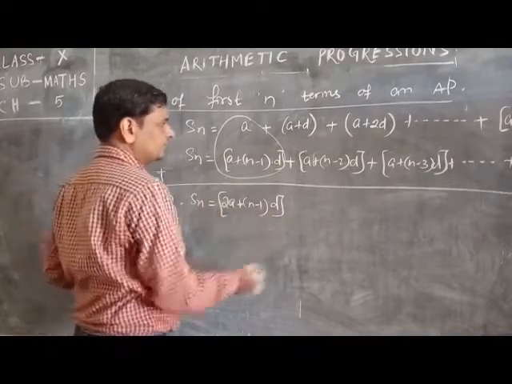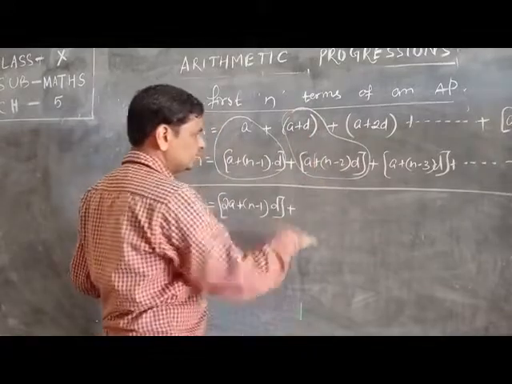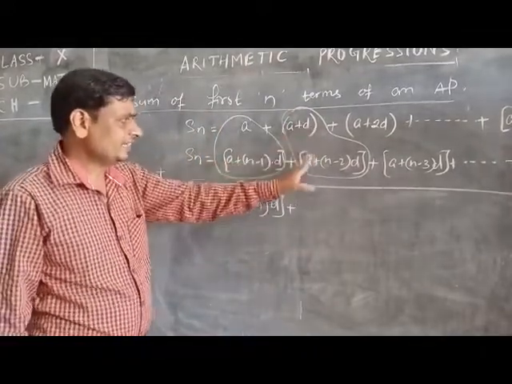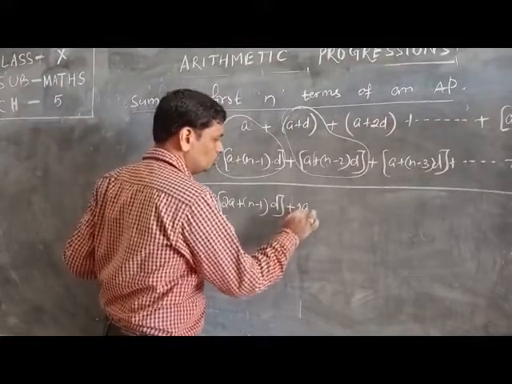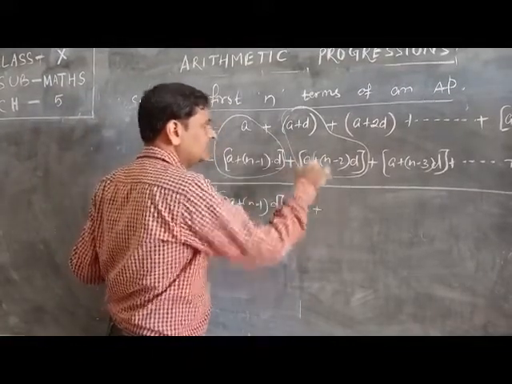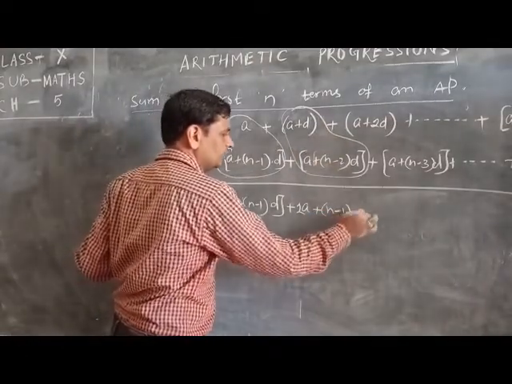Next, when we add these two terms, a plus d and a plus n minus 2 into d, we get 2a plus, 1 plus n minus 2 becomes n minus 1 into d.